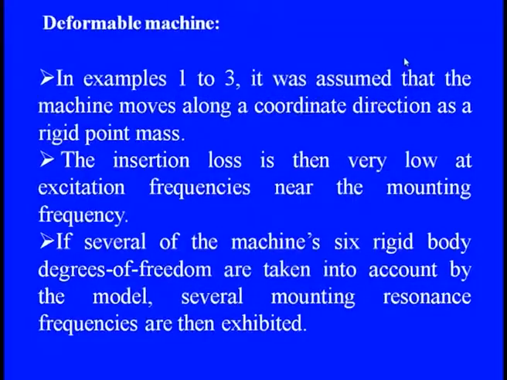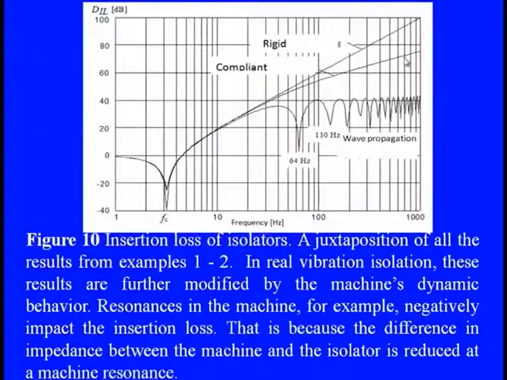So you see here, this is what we have seen in the three examples, the rigid and the flexible base, and even in the previous diagram where we saw how the wave propagations are.